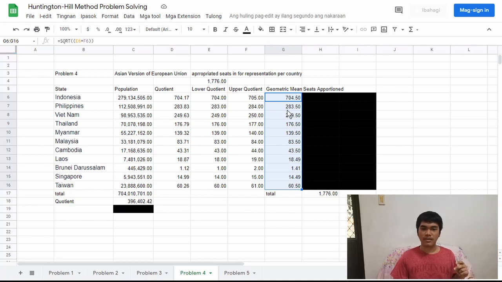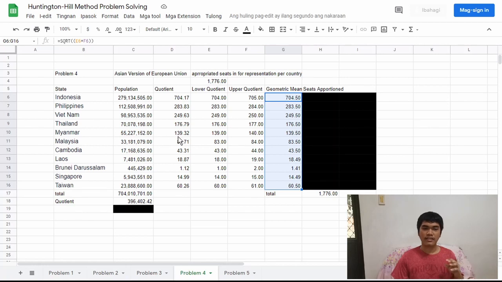Philippines got 283.50. That is lower than the quotient. Vietnam got 249.50. That is lower than the quotient. Thailand got 176.50. Same case with Vietnam and Philippines, lower than the quotient.